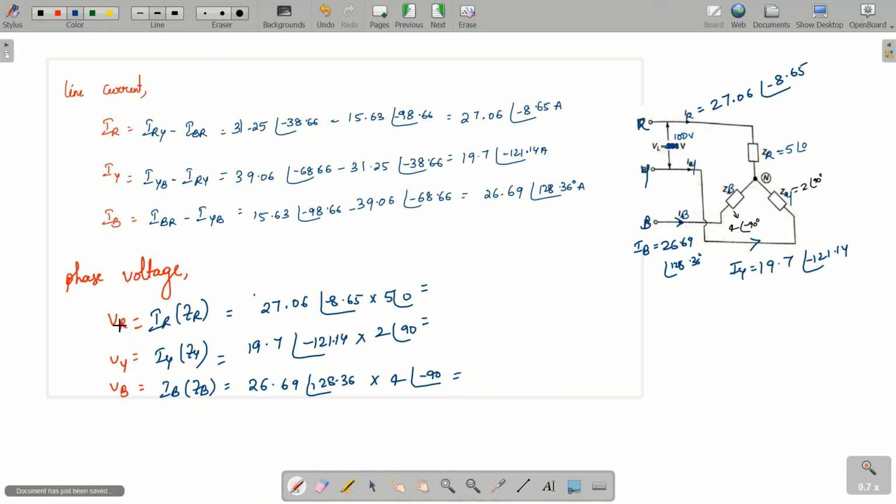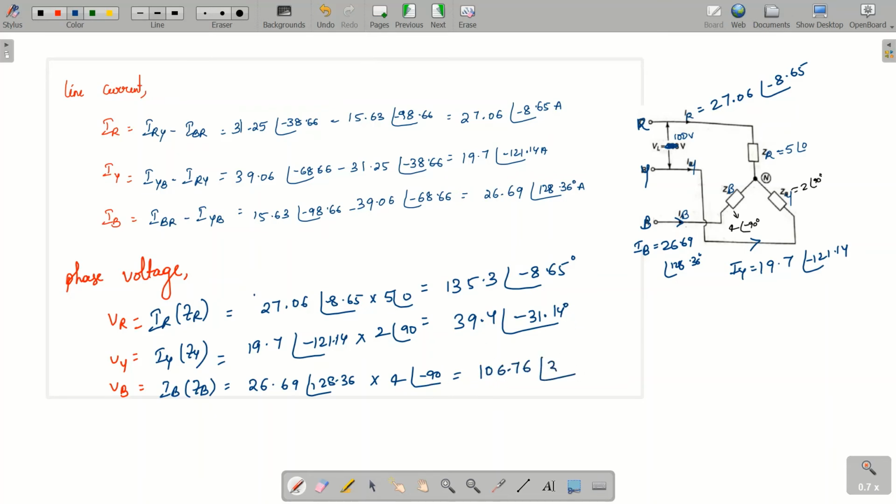How much will you get? You will get 135.3 at an angle of minus 8.65 degrees, and 39.4 at an angle of minus 131.14 degrees.